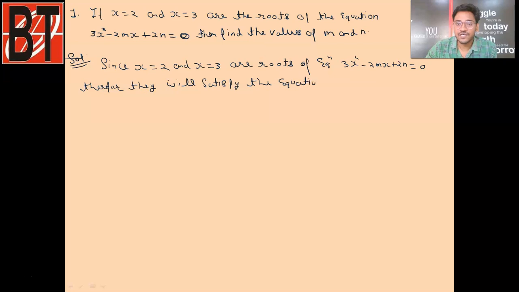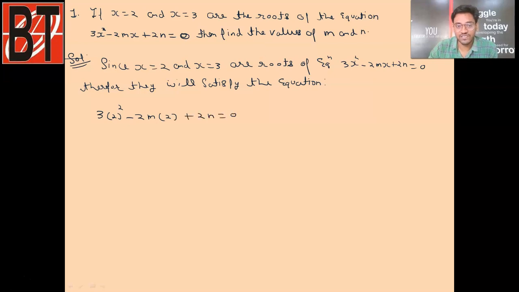Clear students? Because they are roots, they will satisfy the equation. So now we can write in this way: 3 at the place of x I am using 2, because it will satisfy the equation, minus 2 into m at the place of x again I am using 2, plus 2n is equal to 0.